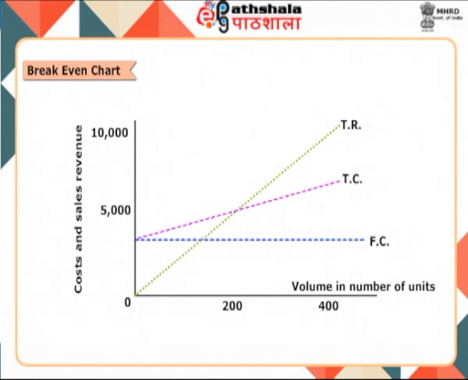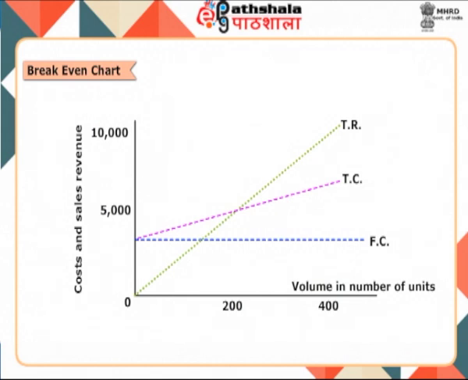This line represents the total cost function, and the difference between this line and the fixed cost line at any level of output is the total variable cost at that level of output.